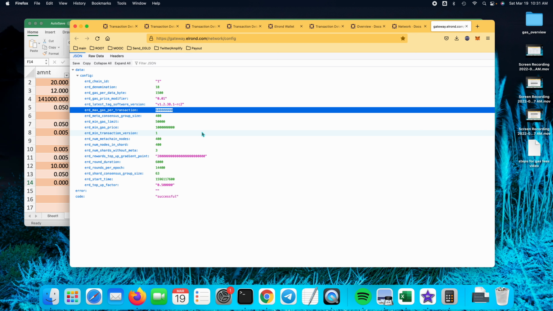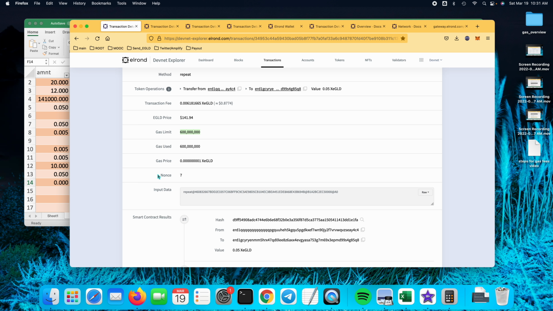So this is the max amount of gas that they're going to let you run a transaction with. And what's interesting is they'll go ahead and say, okay, if you want to provide that, I'll take it. And so you're like, okay, whatever, 600 million gas, what does that mean to me?